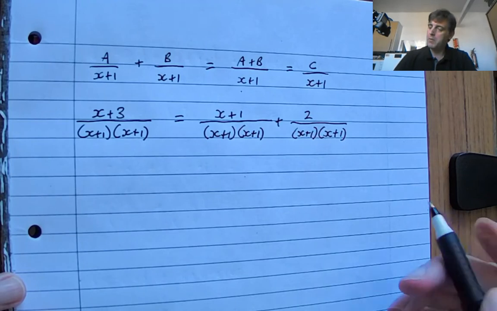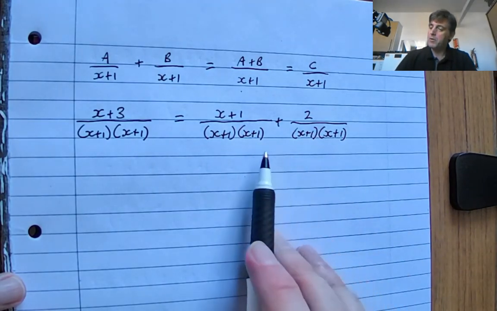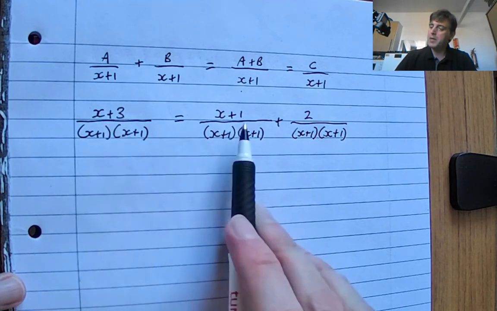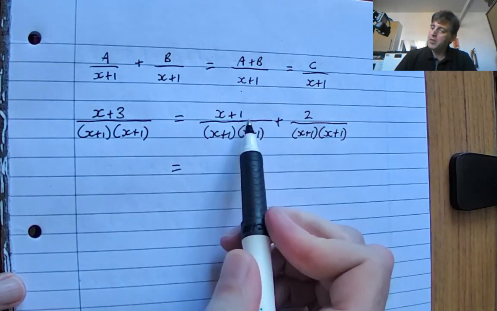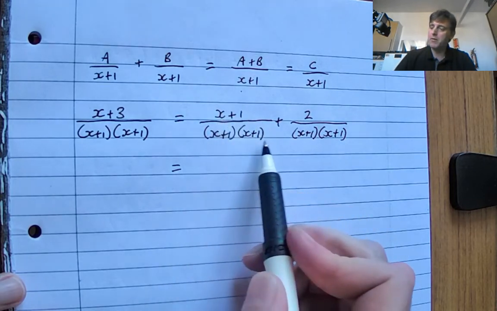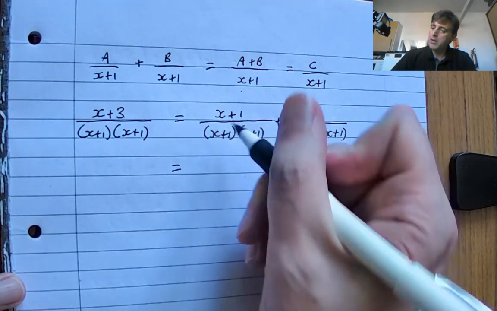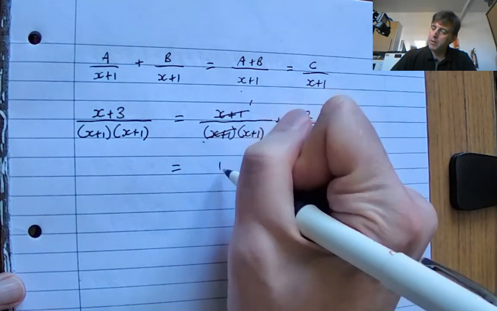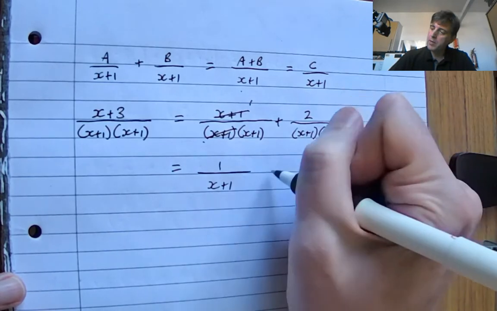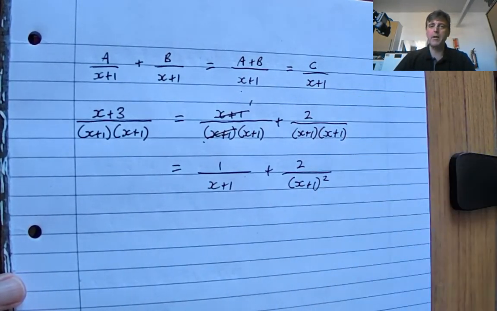Okay, so I'm just going to pause there to let you think about what I've done here. We've got x plus 3, and I've just written it as x plus 1 plus 2. Now, what that means is I can actually cancel down this here, because I've got an x plus 1 factor in the numerator and the denominator. Divide top and bottom by that. We're just going to end up with 1 over x plus 1 plus 2 over, and I'll write this as x plus 1 squared like that.